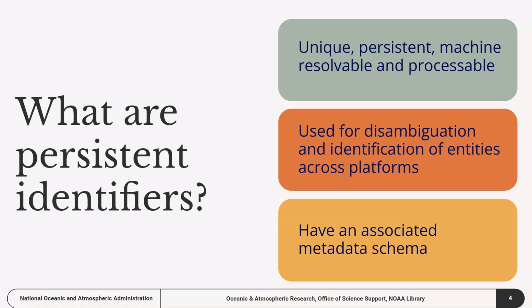And every persistent identifier has an associated metadata schema. What does that mean? There is a structured set of metadata that underlies each persistent identifier that has related information about that item that persistent identifier is referencing.